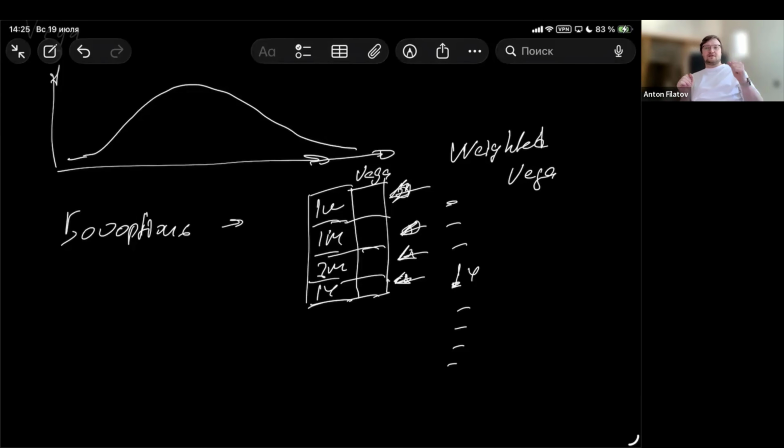For example, weighted Vega can be $1,000 if you have a 1 year Vega of $1,000, or if you have $20 in 1 week and, say, $1,200 in 6 years.